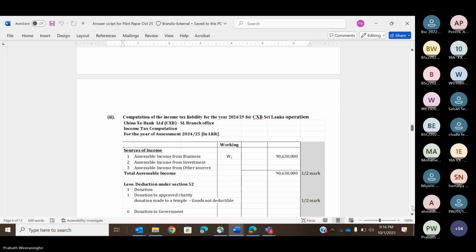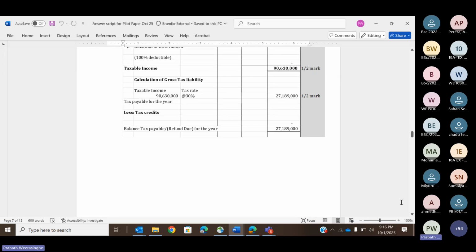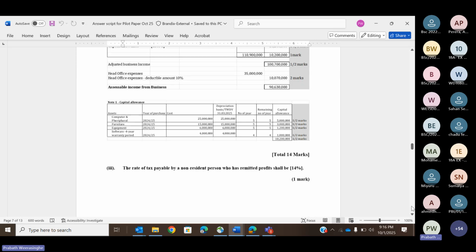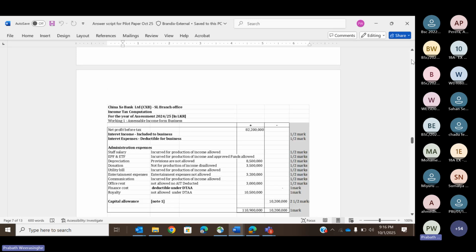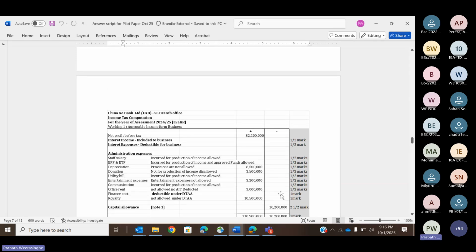And thereafter the computation, very similar to the previous business computation, we use the profit before tax and adjust the disallowable expenditure. So you just mention whether other expenditure is deductible or not. Then any disallowable expenditure, especially under the DTA, allowable or not.